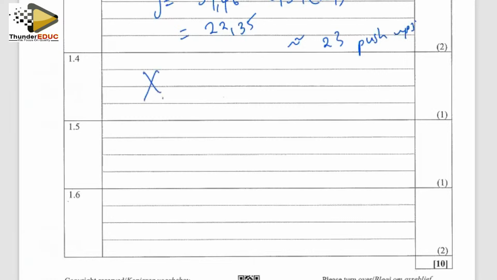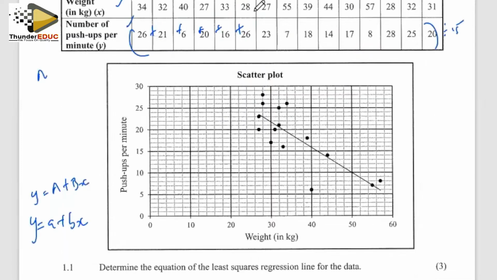So the mean for the push-ups, which is Y bar, will be the summation, 537, divided by 15. This gives me 35,8. If you round that off, you'll get 36 push-ups.